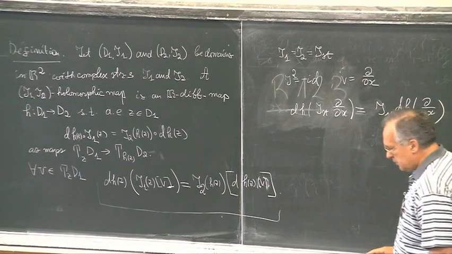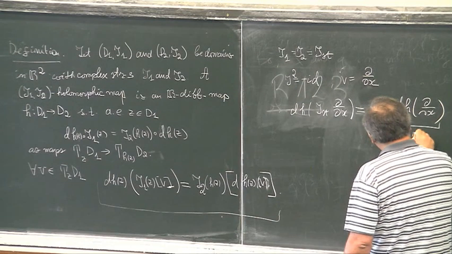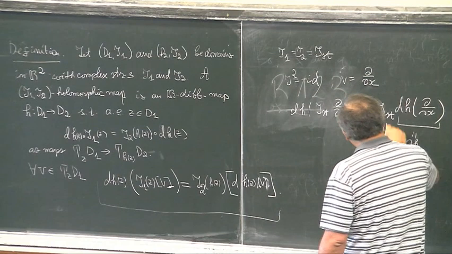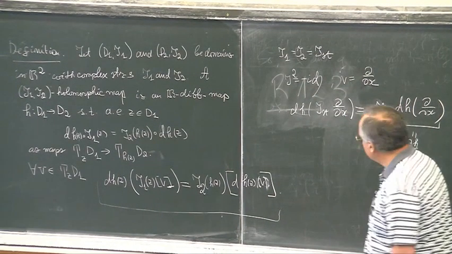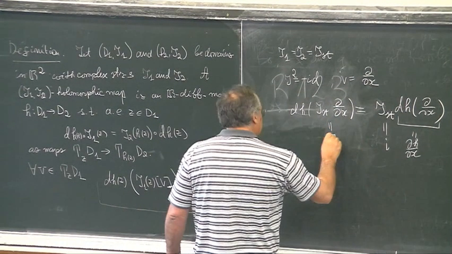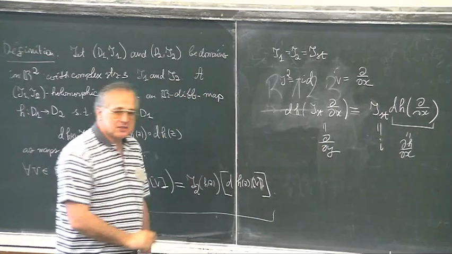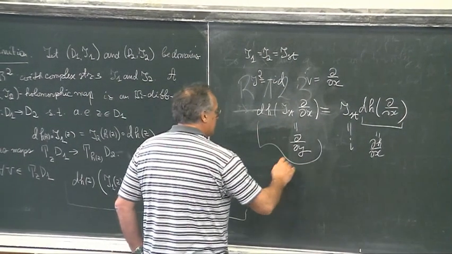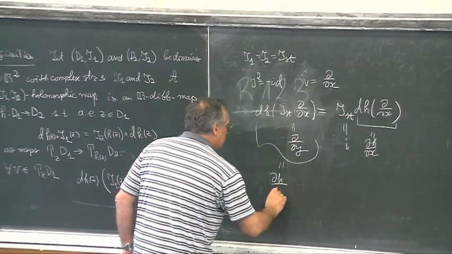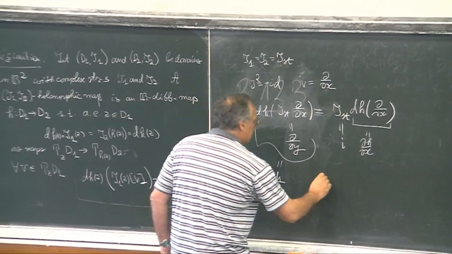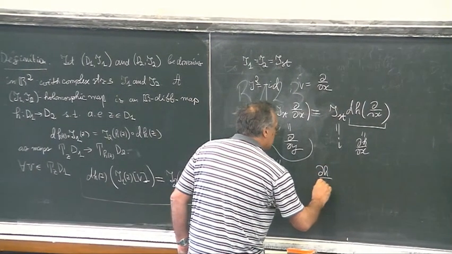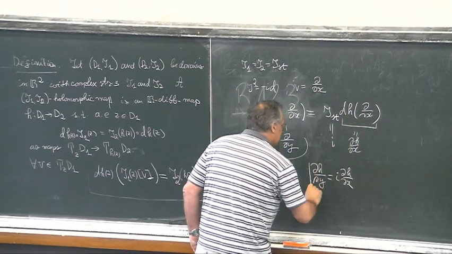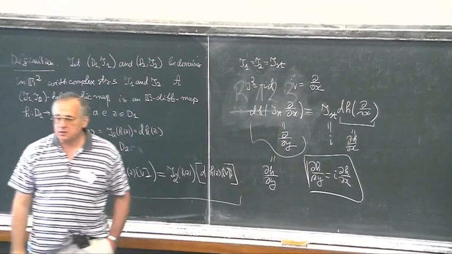So this is a derivative dh over dx. This is multiplication by I. This is d over dy for the standard structure. You just rotate it. And therefore, this thing is dh over dy. So we see that dh over dy should be equal to I times dh over dx. And this is a Cauchy-Riemann equation.